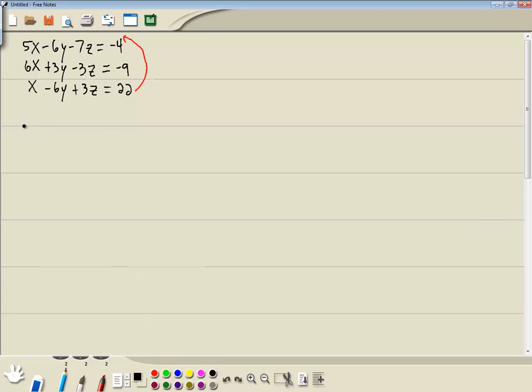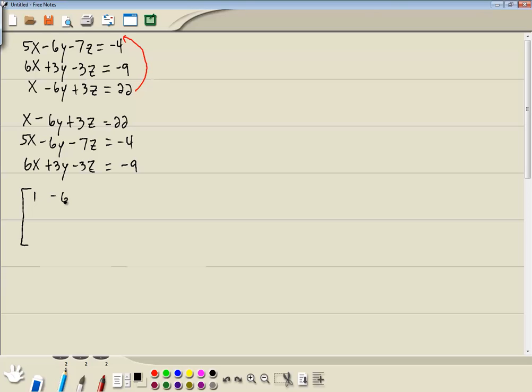So this would become x minus 6y plus 3z is equal to 22. 5x minus 6y minus 7z is equal to -4. 6x plus 3y minus 3z is equal to -9. Now the reason why I switched that around is because this x here does not have a number in front of it. So it's a 1, which gives us our first step without doing any work at all, besides just moving that. So I'm going to write down the augmented matrix.